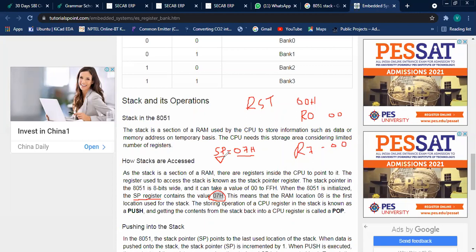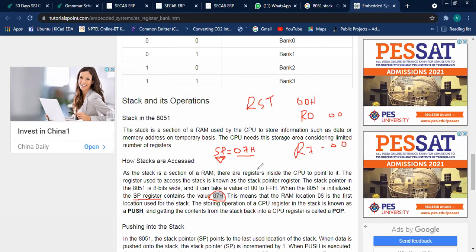Understood? I can access the stack memory because the stack pointer is always pointing to where the stack memory is starting, which part of the stack memory is free.